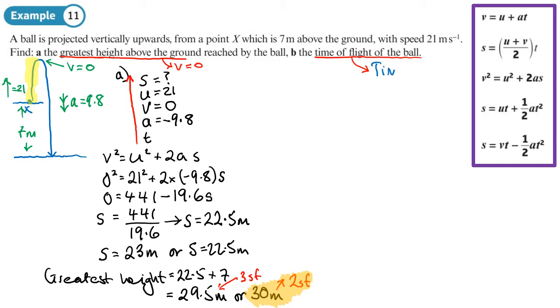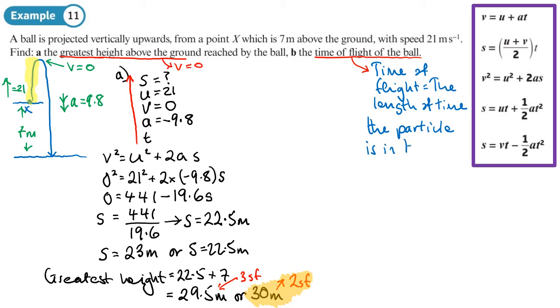Time of flight equals the length of time the object, the particle, or the ball, or whatever it is we're talking about, the particle is in the air, or airborne. That's what we need to work out.